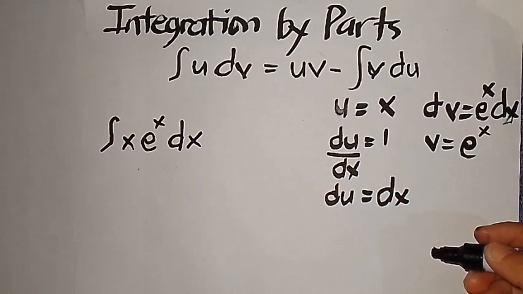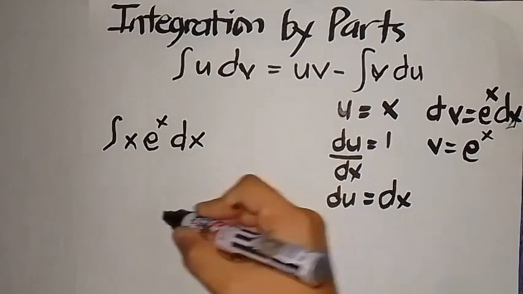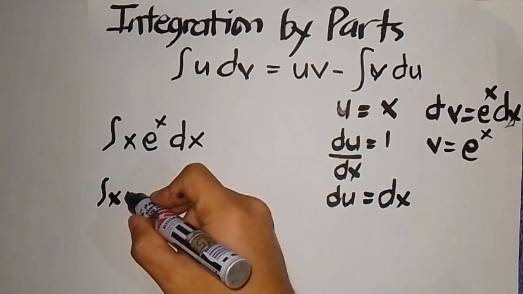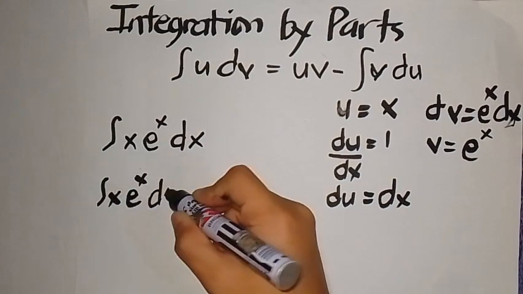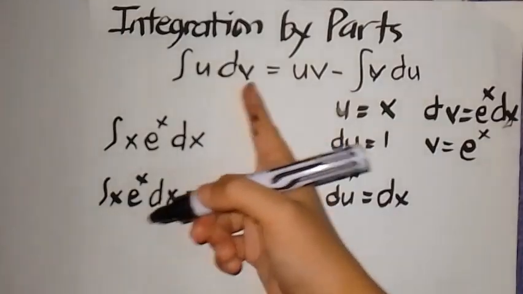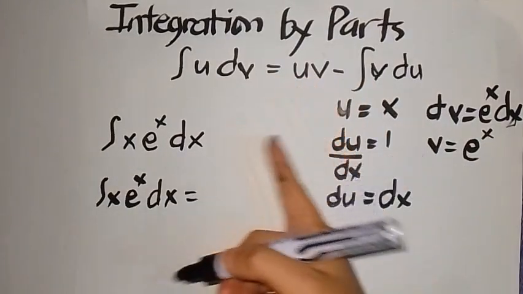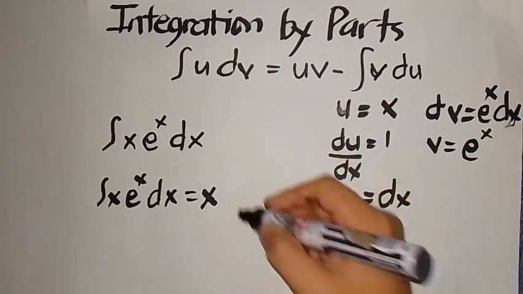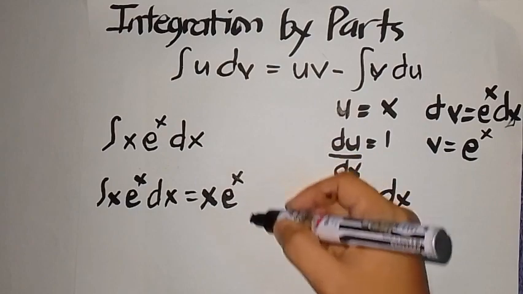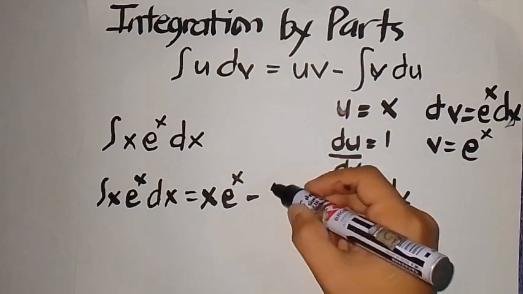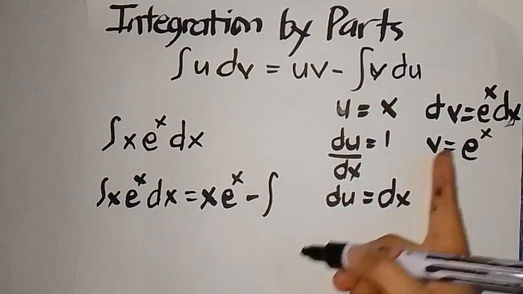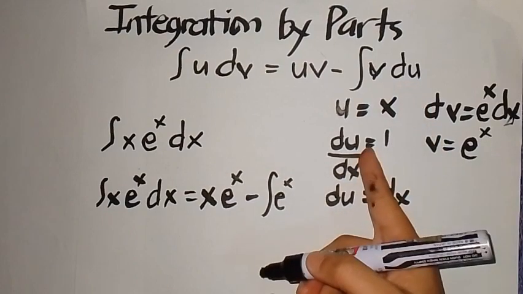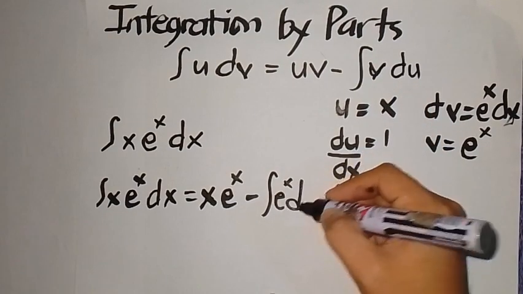And for now, by using the integration by parts formula, the integral of x e raised to x dx: our u is simply equal to x, and our v is simply equal to e raised to x, minus the integral of v, e raised to x, and our du, which is simply equal to dx.